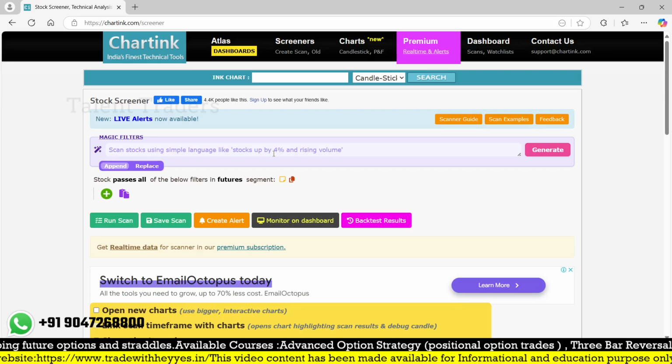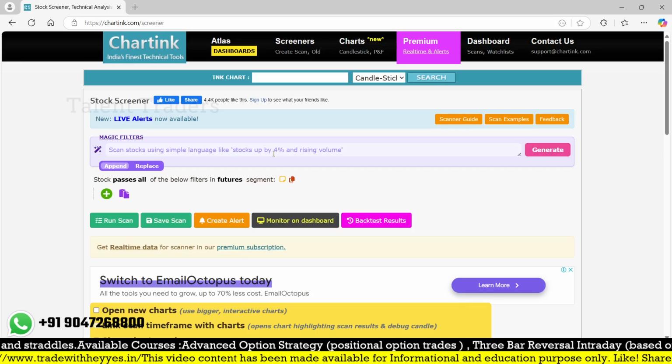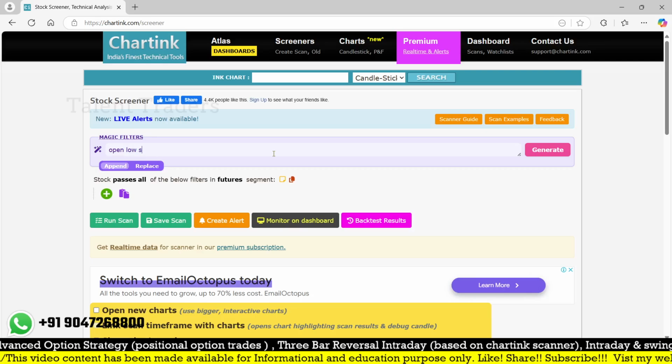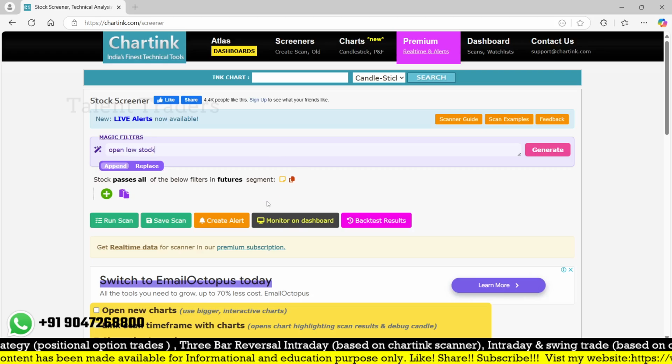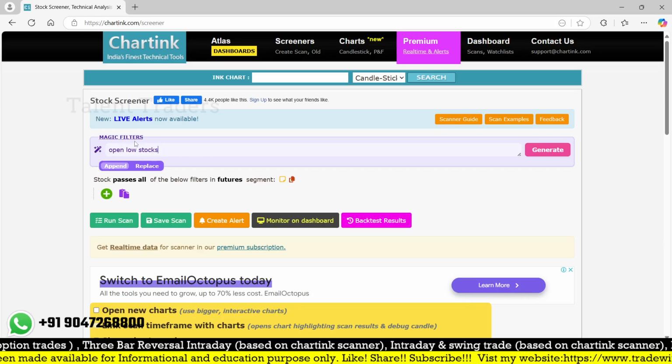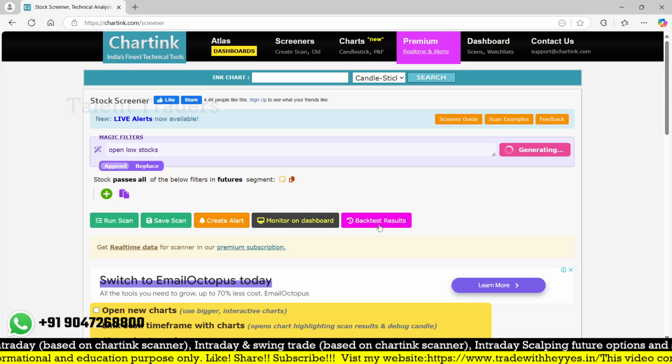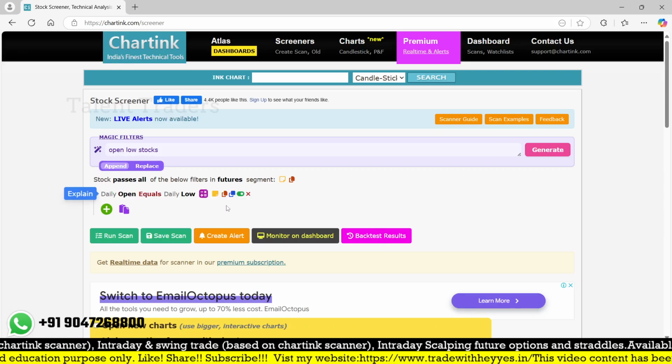For example, just "open equal to low stocks", open low stocks. If you mention that here, it will be filtered. This is the magic filter which was recently added, and you can generate these open low stocks, and you can see the conditions mentioned in the bottom.